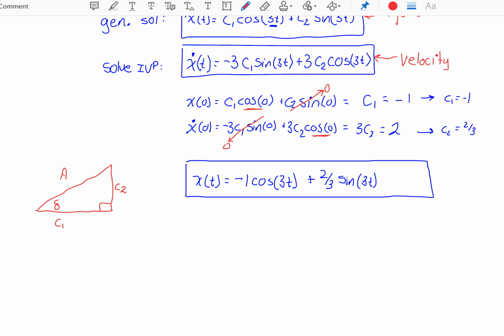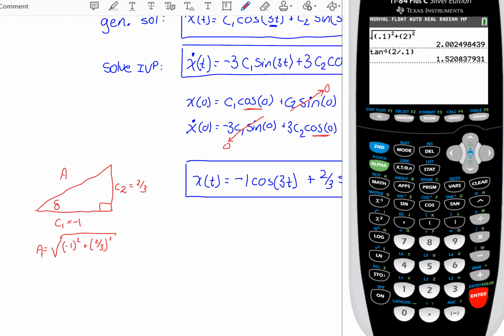So here C1 would have to be negative 1, C2 is 2/3. Which would mean A, your amplitude of motion, would have to be the square root of the negative 1 squared plus the 2/3 squared. I'm going to grab my calculator.